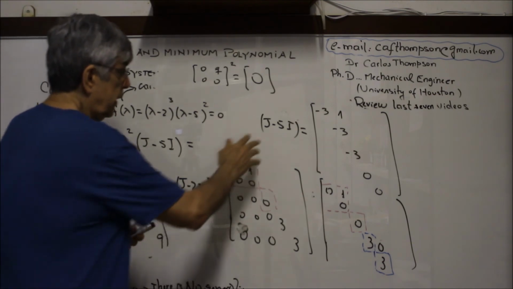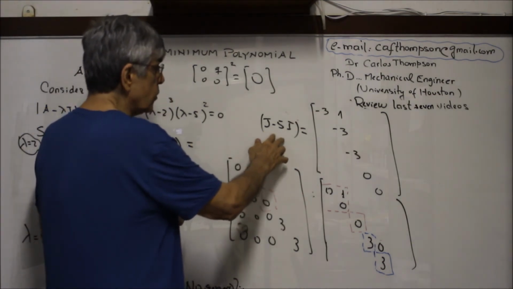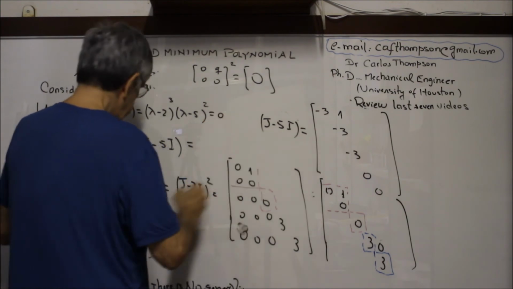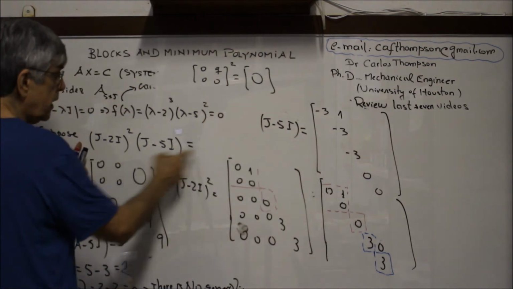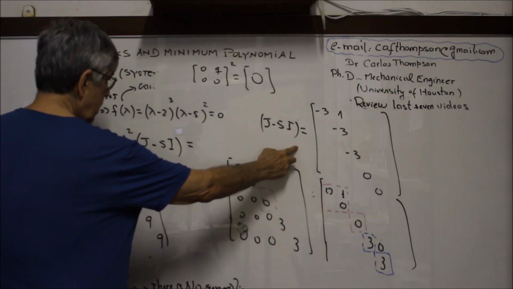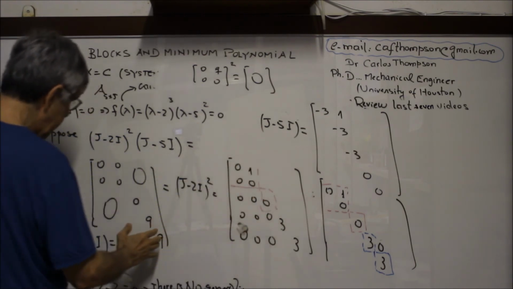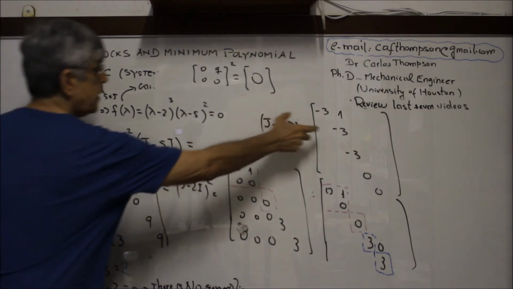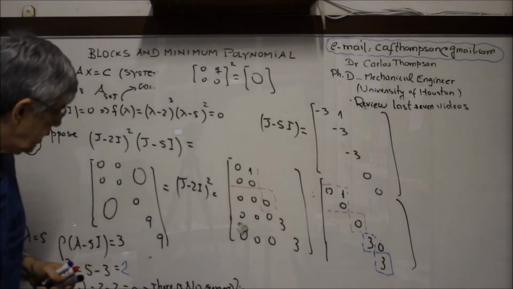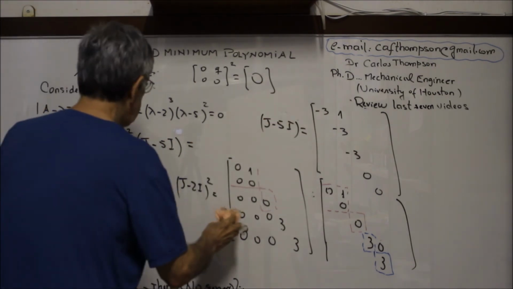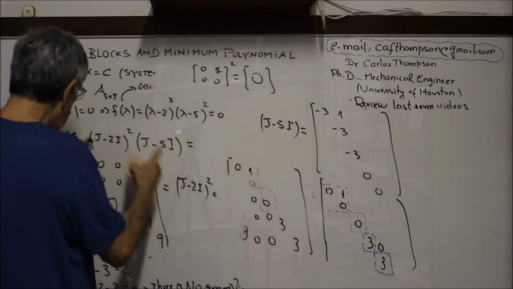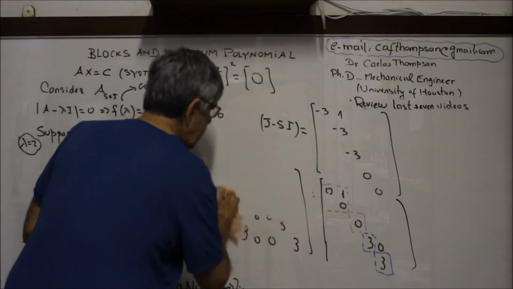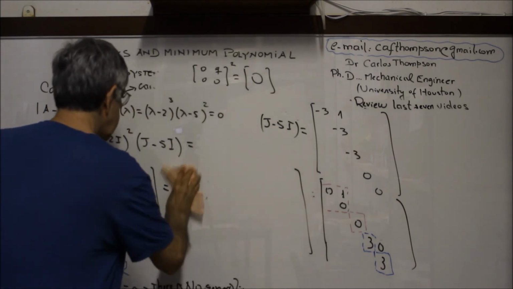Now, let's do as follows. Let's multiply this matrix times this. I will erase and put this matrix here, times this. I'll do this because I want to know how much this is.